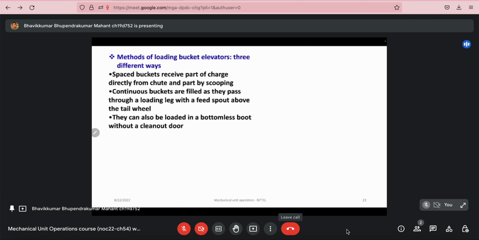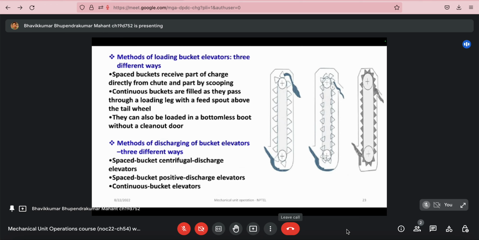Now, there are three different ways of loading bucket elevators. Spaced buckets receive part of the charge directly from the chute and part by scooping. So there is some spacing in between the buckets.